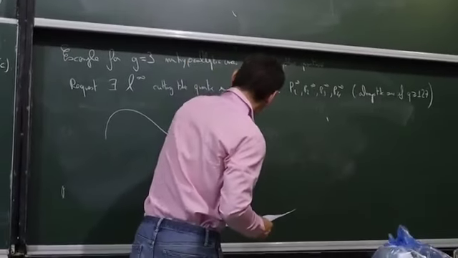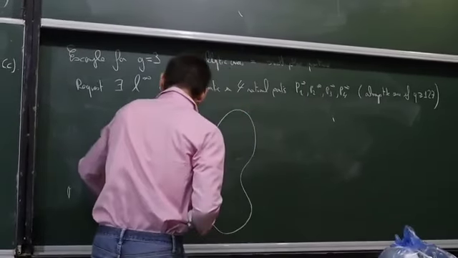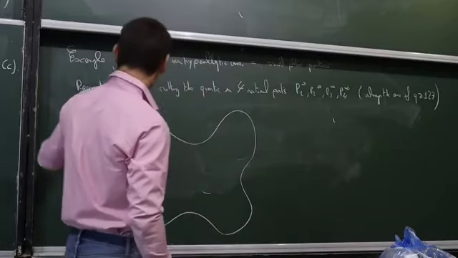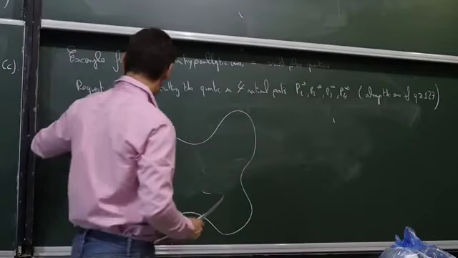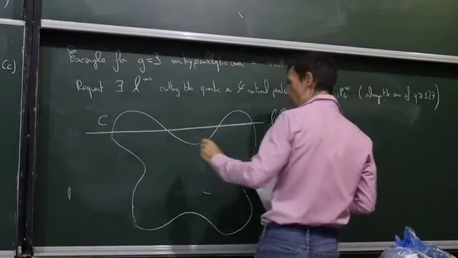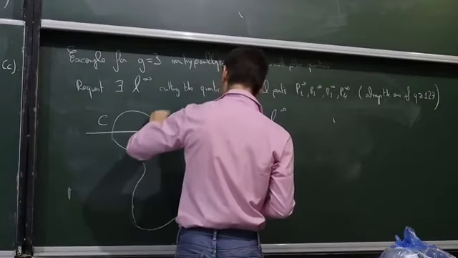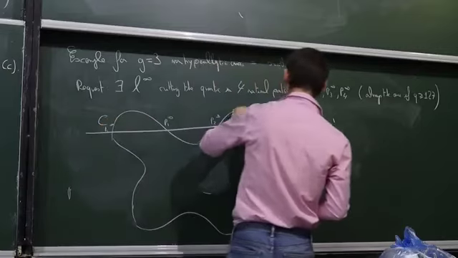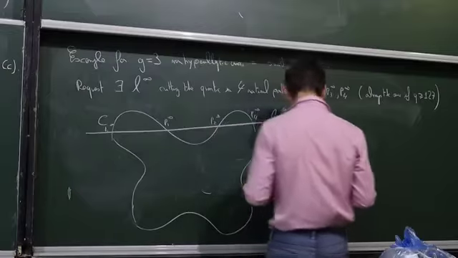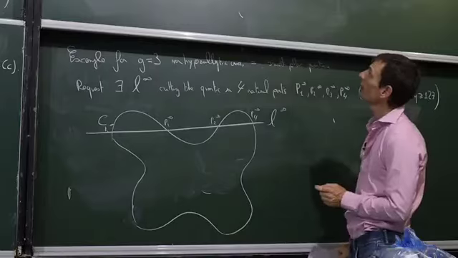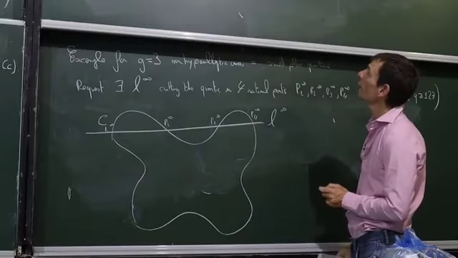So now let me draw my quartic C, and I have a line L infinity that cuts the quartic in 4 points. This lemma that I just gave doesn't really depend on the fact that one uses G D0.